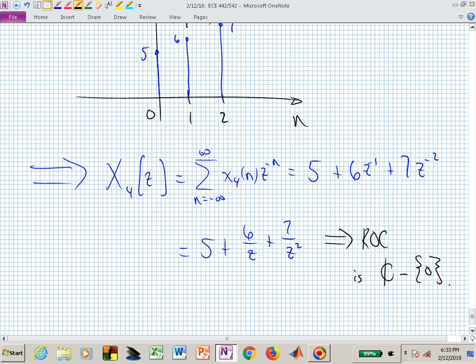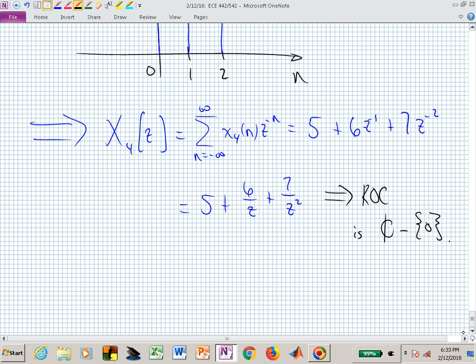Now, is infinity a possible value in capital X sub 4 of z's region of convergence? Is z going off to infinity allowed in this region of convergence? If you let z go to infinity, is x sub 4 of z well behaved? It's going to be in the bottom and it's going to get big, isn't it? But what happens when you get big in the bottom?